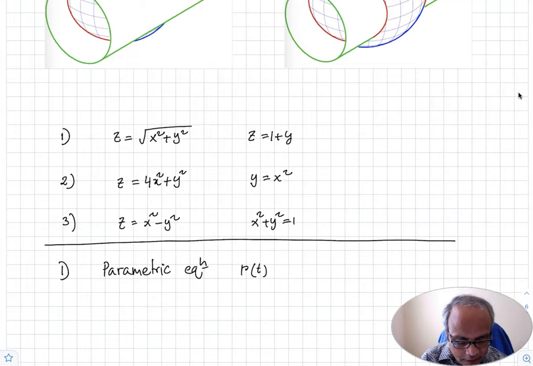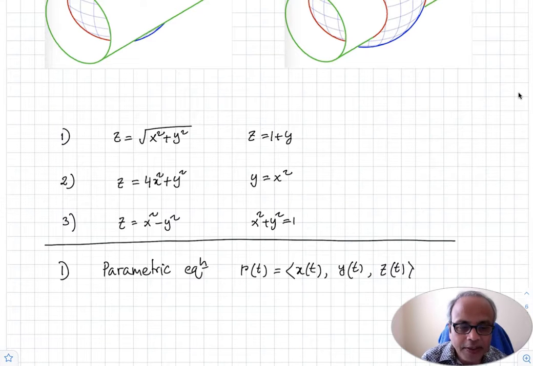It does not have to be t; any symbol can be used. Its first component x is a function of t, the second component is a function of t, and the third component is a function of t. So all we have to do is find some function of x, some function of y, and some function of z.